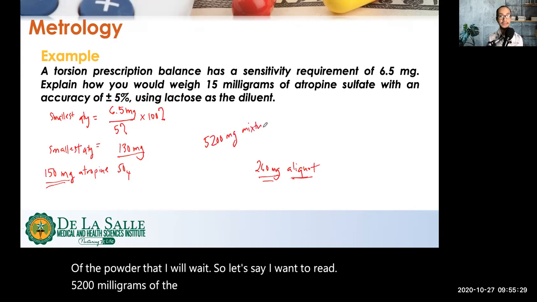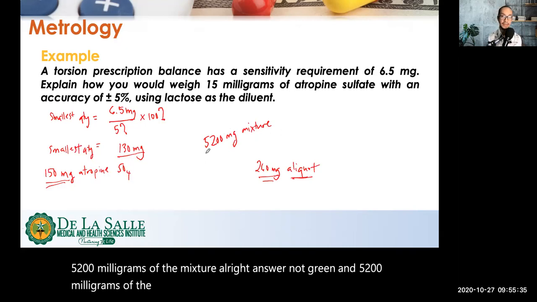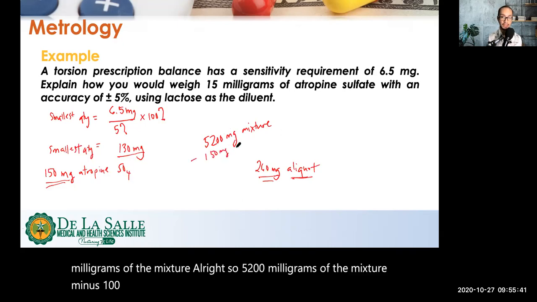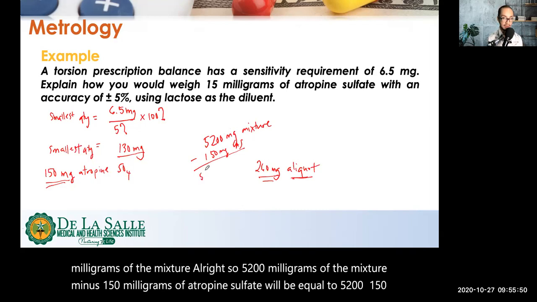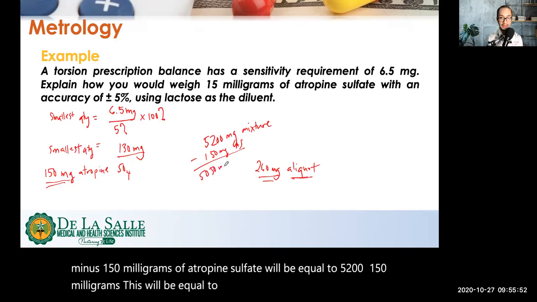I set that too. So 5,200 milligrams of the mixture minus 150 milligrams of atropine sulfate will be equal to 5,050 milligrams of the diluent.